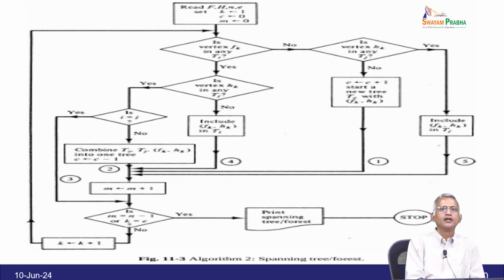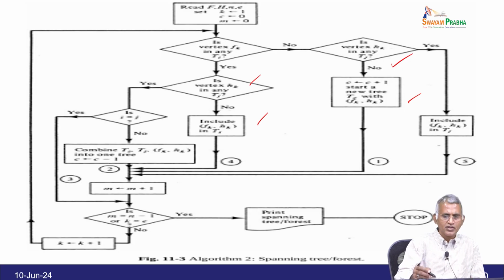If the vertex Hk is in no Tj, then c equals c plus 1, start a new tree Tc with Fk, Hk, and go to the next step, m equals m plus 1. If the vertex Fk is in Ti and Hk is in no tree, include Hk in Ti as well, then m equals m plus 1.